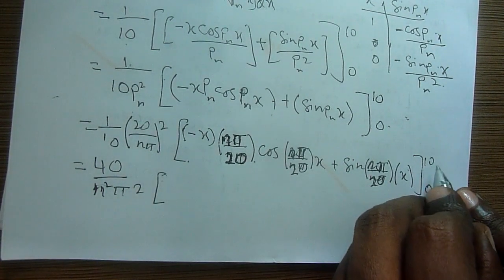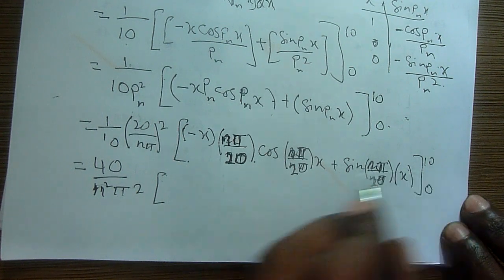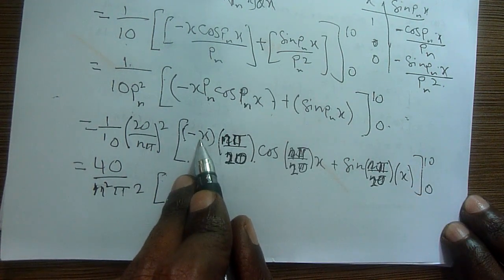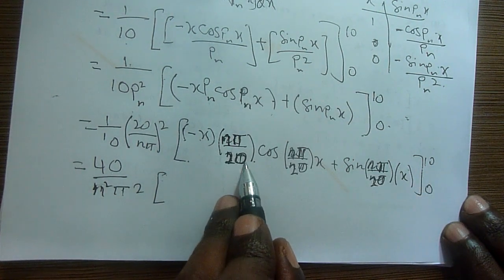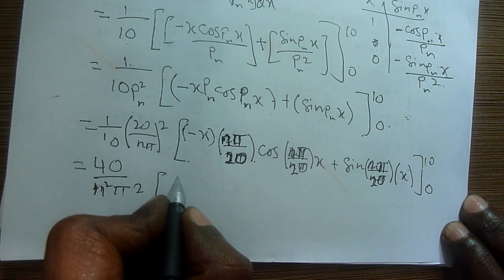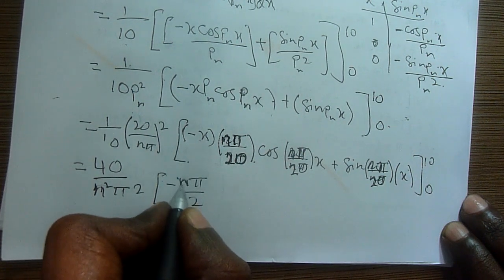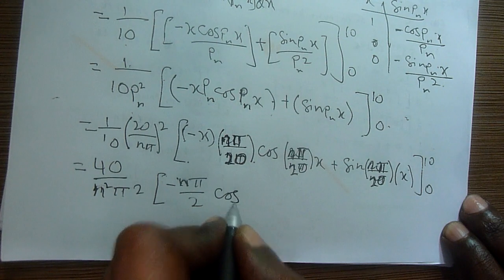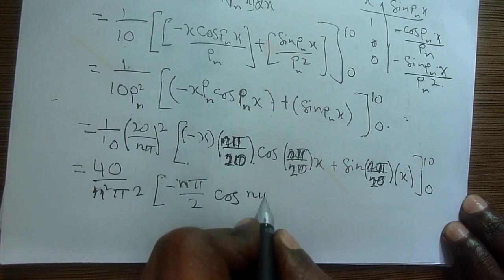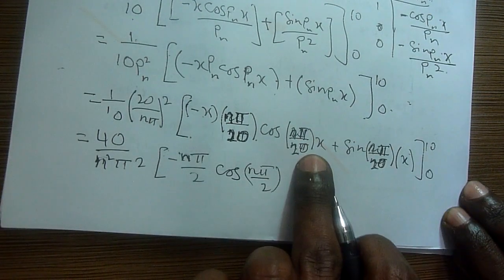The first one, the 10 will go in. When it goes 10 here, negative 10 over 20, therefore I make a cut here, I get negative over n pi, 2 cos, I place 10, I get n pi over 2. Do you agree with me? Yes. Straight 10, finish.